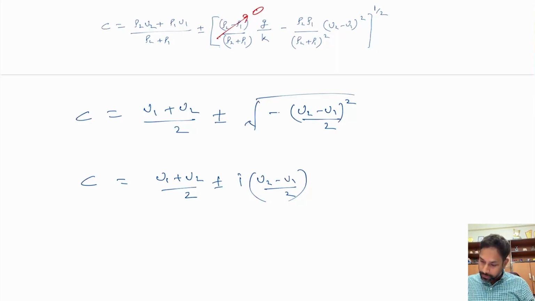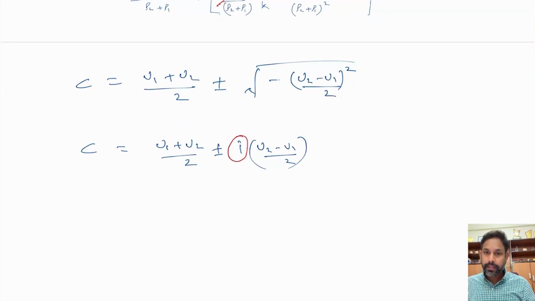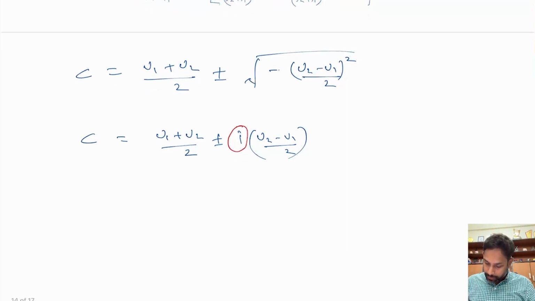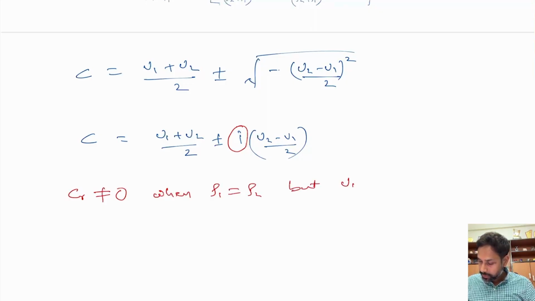Right? So now you see there is always an imaginary component in this case. So basically CI is not 0 when rho 1 is equal to rho 2, but u1 is not equal to u2. So that actually means whenever there is shear flow, stratification does not matter. If there is shear flow, there is always a chance of instability in the system. So there will always be some wave speed, some wavelength for which the system will be unstable.